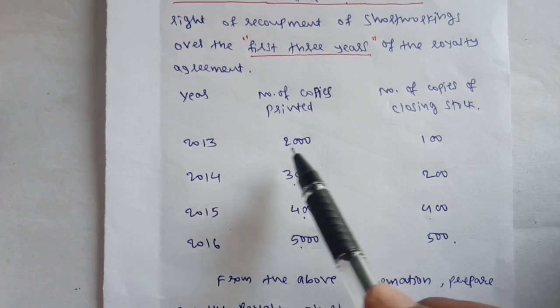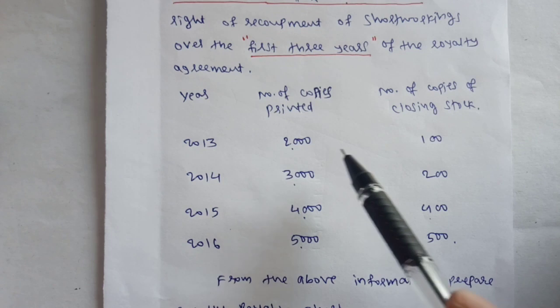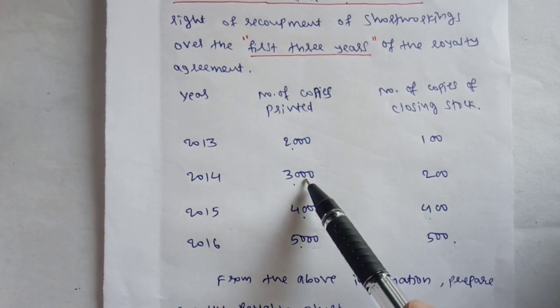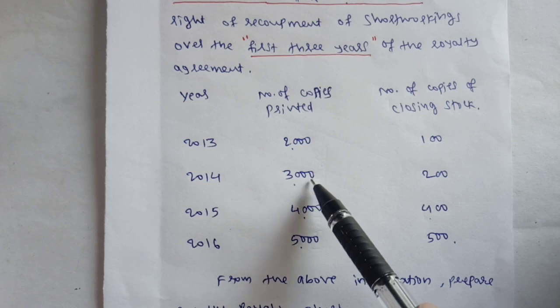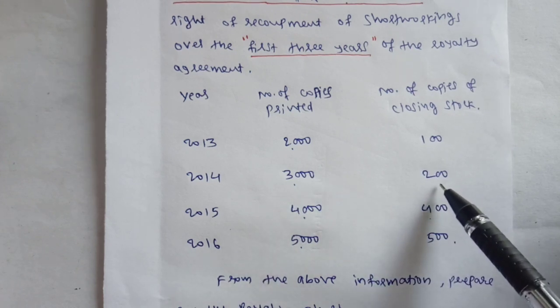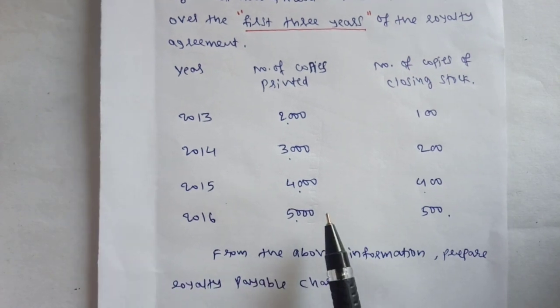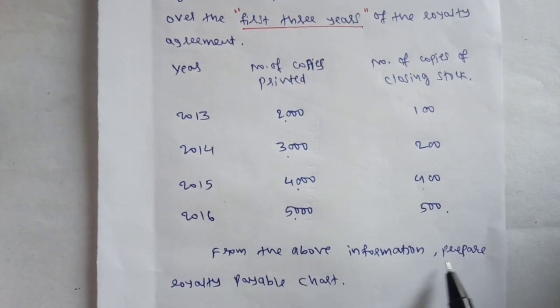Number of copies printed in 2013 is 2000 copies printed and closing stock is 100. In 2014 3000 copies are printed, 200 is closing stock. So like that 15 and 16 is given, and at the end they have asked prepare royalty payable chart.